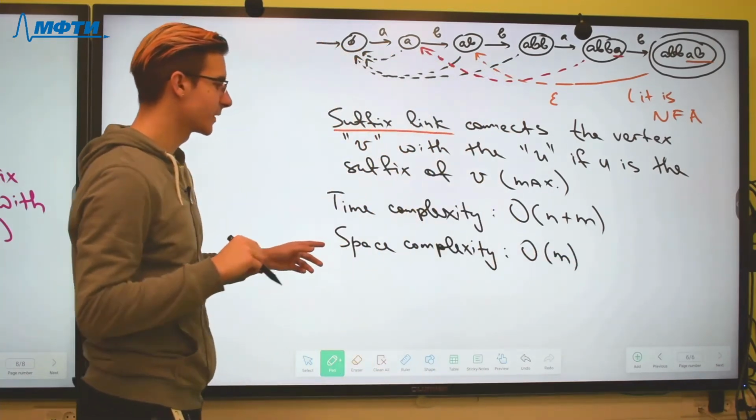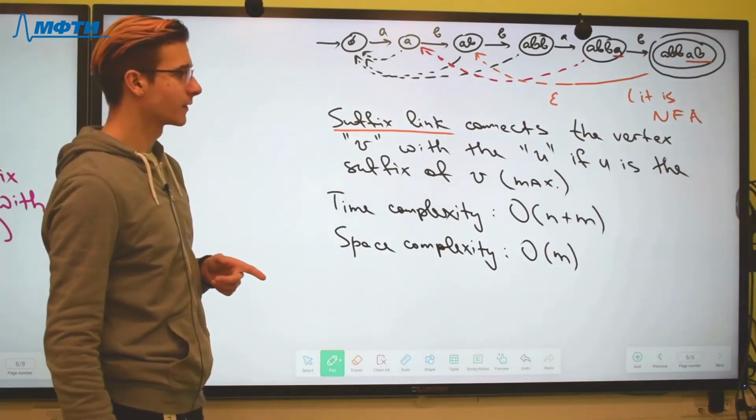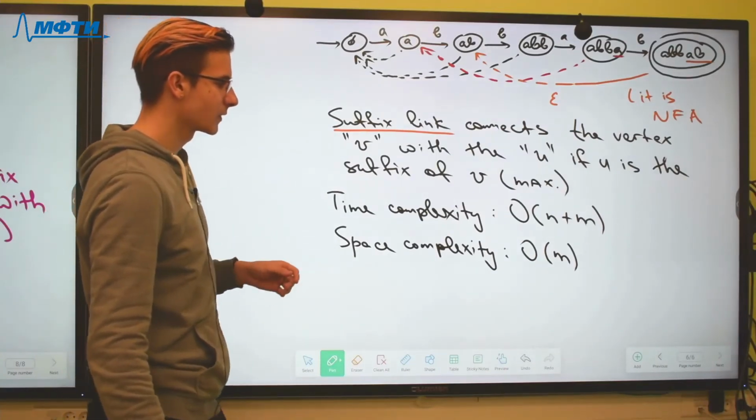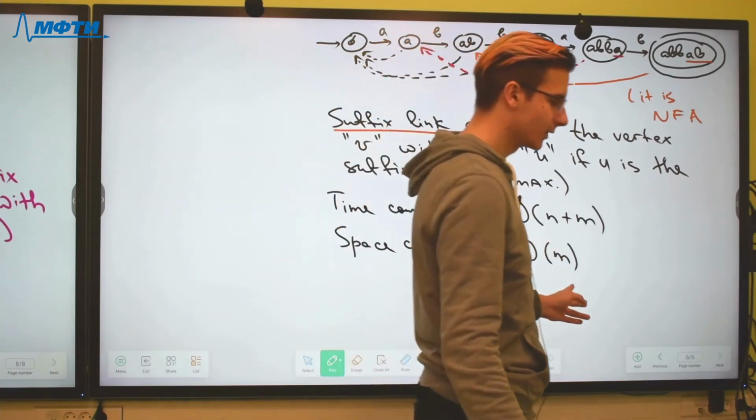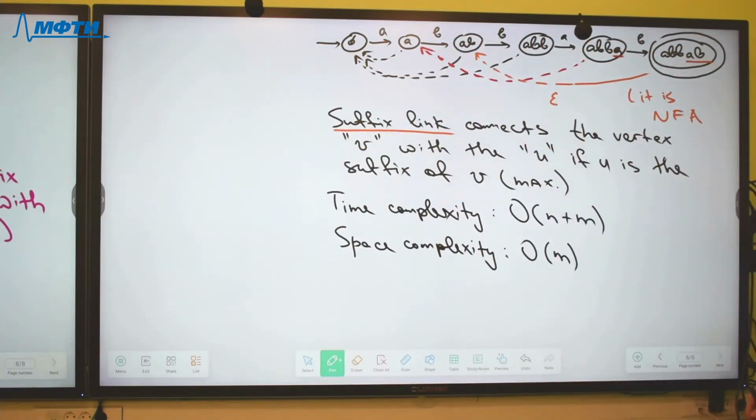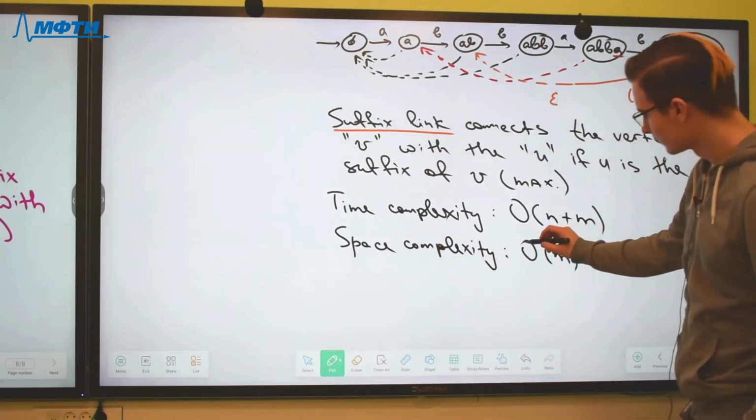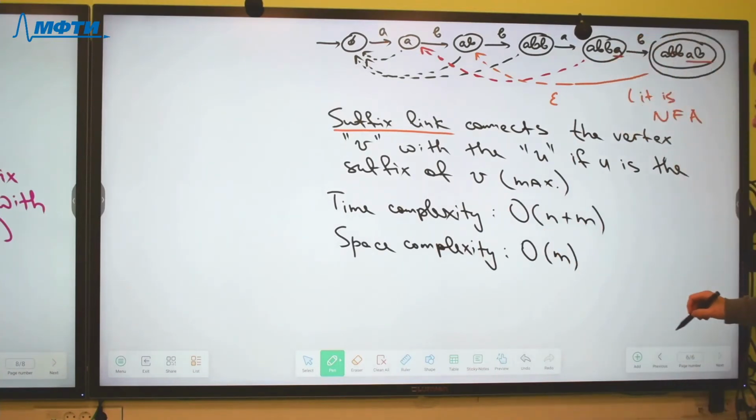And of course, the space complexity is still better than the naive algorithm because usually m is less than n. So it's about the Knuth-Morris-Pratt algorithm.